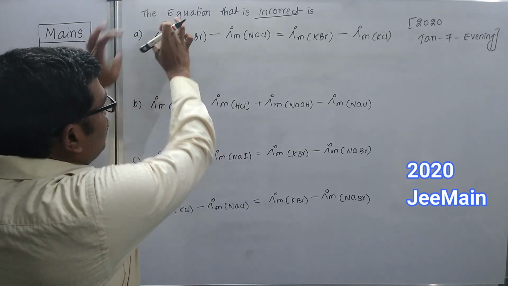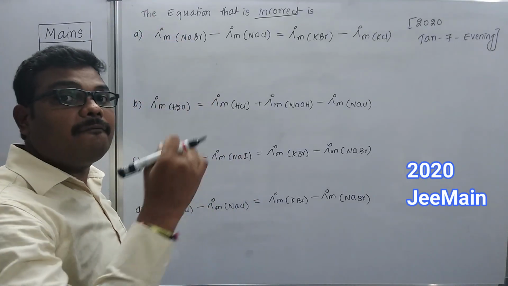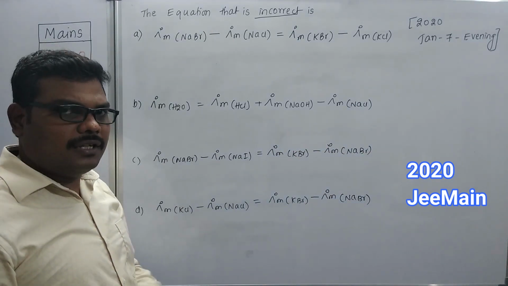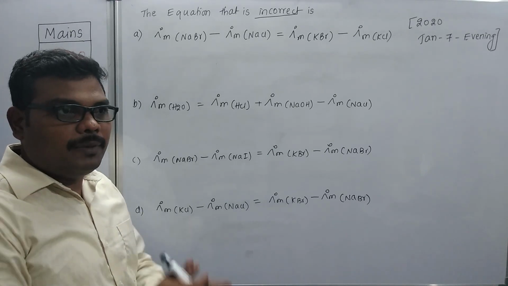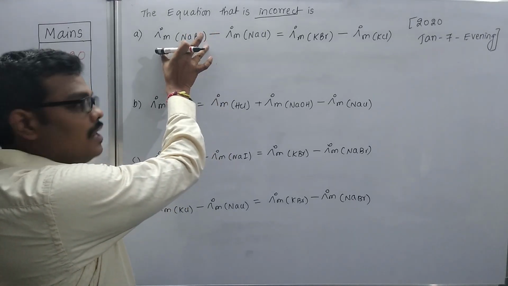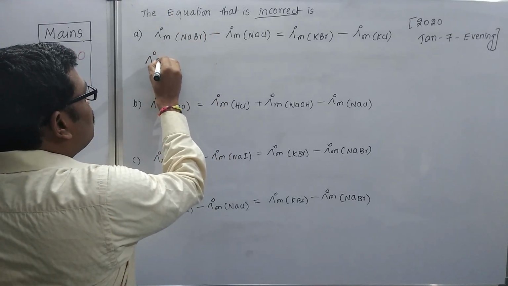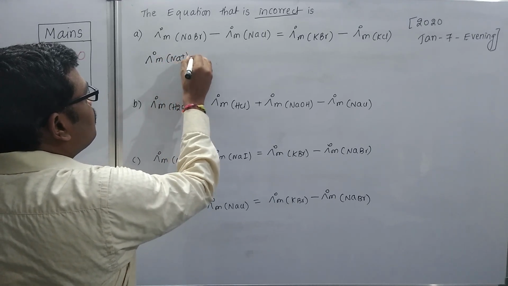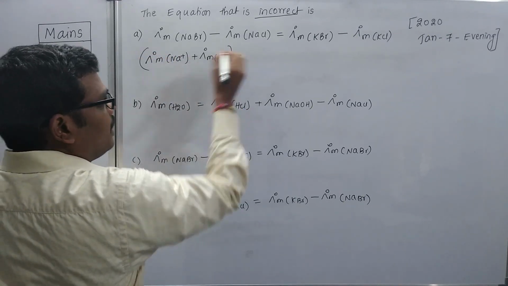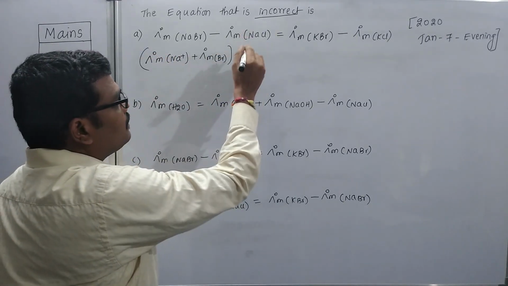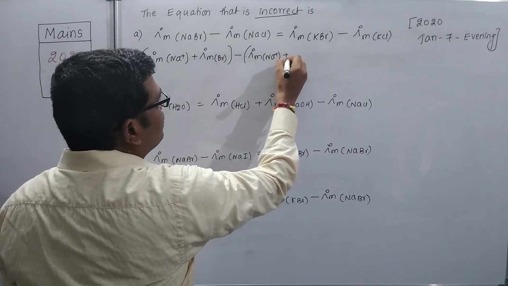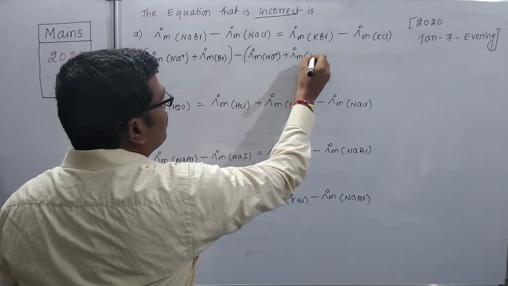See, lambda naught M means molar conductivity at infinite dilution or zero concentration. At zero concentration, whether it is a strong electrolyte or a weak electrolyte, it will be dissociated completely. So I am going to write the ions of NaBr: lambda naught M of Na+ plus lambda naught M of Br-, minus the ions of NaCl, that is lambda naught M of Na+ plus lambda naught M of Cl-.